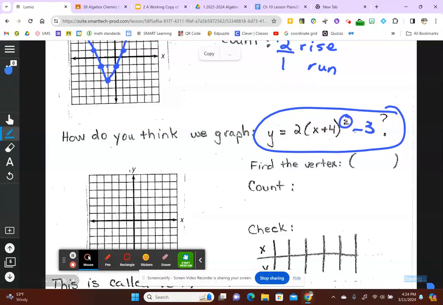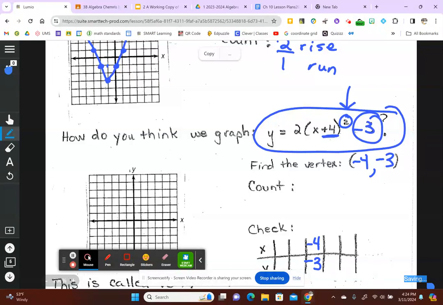And this is what we call the vertex form of a quadratic equation. What makes it quadratic? It's squared. But the way we find the vertex is very similar to what we did with absolute value. You look at what's with the x, you do the opposite, and then whatever's on the outside would be your y. So in this case, my vertex, which I'm going to put in the middle of my chart, is -4, -3.